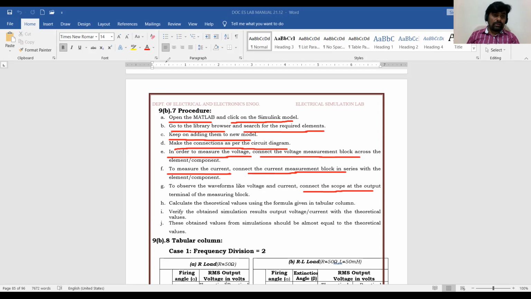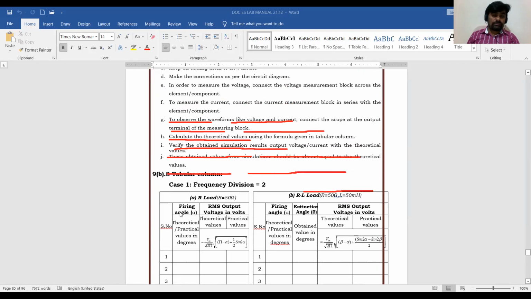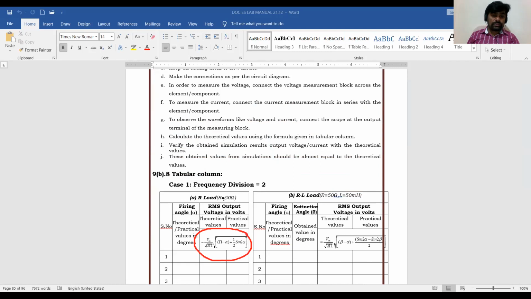Then here you can have the theoretical calculation. So to do the theoretical calculation, this is the expression for RMS output voltage in case of resistive load, and this is the expression for RMS output voltage in case of resistive and inductive load. So substitute different values of firing angle like 0, 30, 60, 90, and 120, and find out the corresponding RMS output voltage using this formula, right?